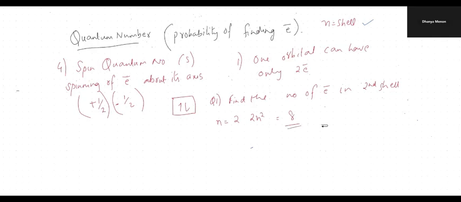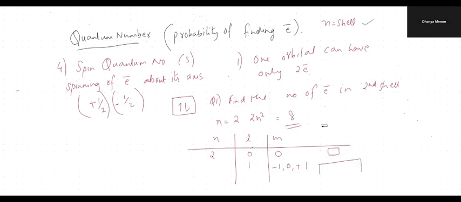Okay, over here we will draw it and find out n, l, m. If n is equal to 2, l will have values 0 and 1. m will have 0, and this is -1, 0, +1. So 0 represents the S, and this one is the P. P has 3 orbitals. 1, 2, 3.